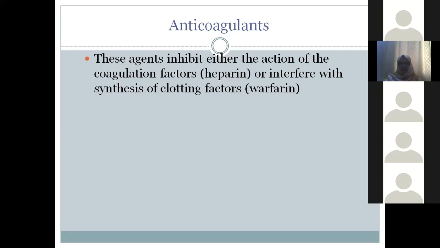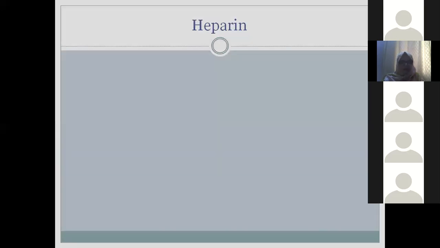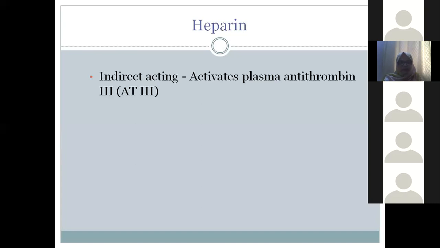So these agents inhibit either the action of coagulation factor, heparin, or interfere with the synthesis of clotting factor, warfarin.